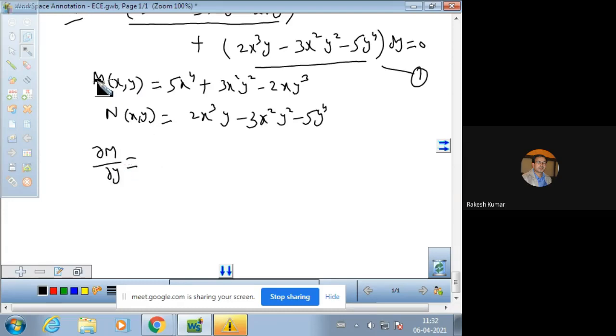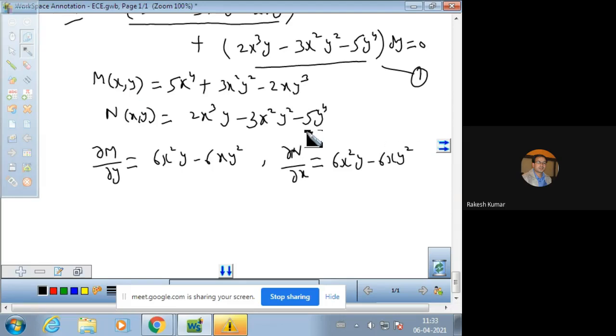The derivative of M with respect to y: the first term has only x, so it gives 0, and here the derivative of y squared gives 2, 3 2s are 6 x squared y, and from there 3 2s are 6 x y squared. Similarly, the derivative of N with respect to x: 3 2s are 6 x squared y, and from here 2 3s are 6 x y squared, and there is no x term in the last, so its derivative is 0.